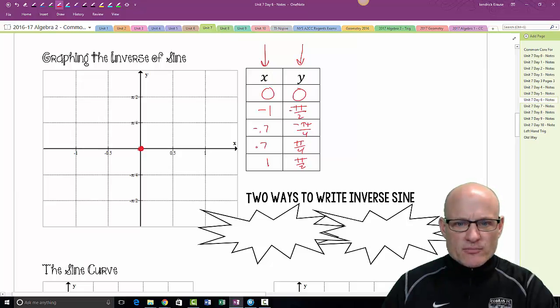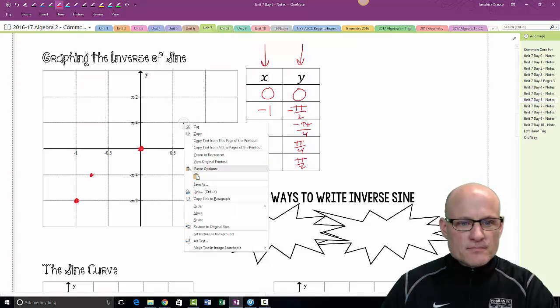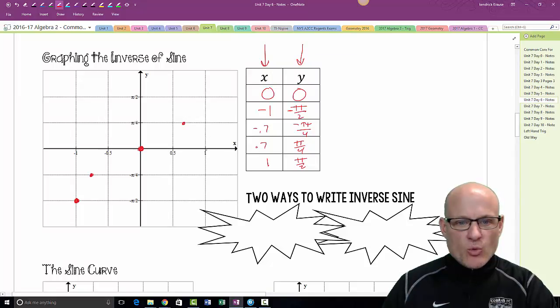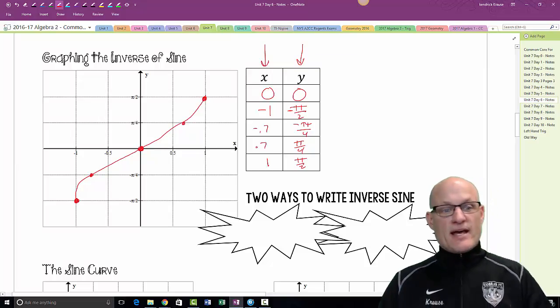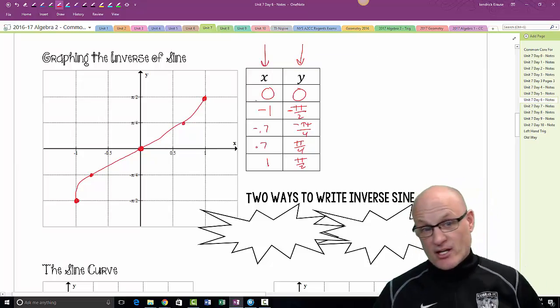Oh, this should be -pi/2. -1, -pi/2. -0.7, -pi/4. 0.7, pi/4. And 1, pi/2. And that is the inverse function of the sine.